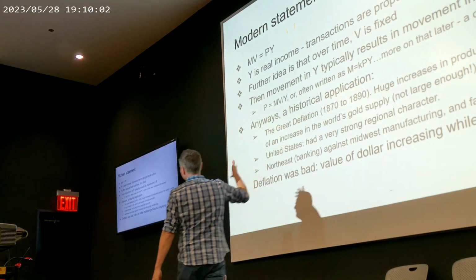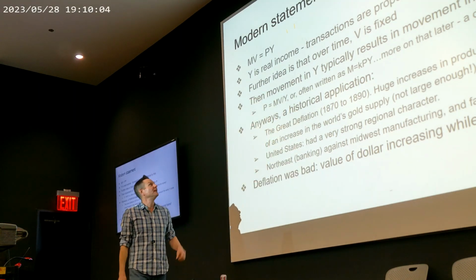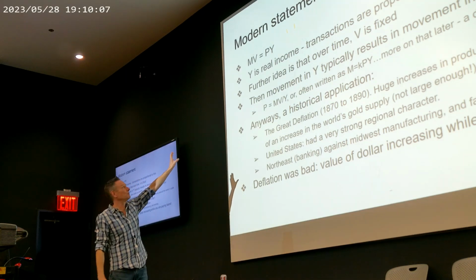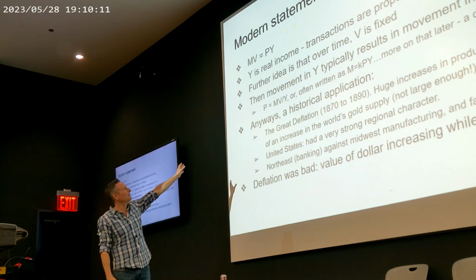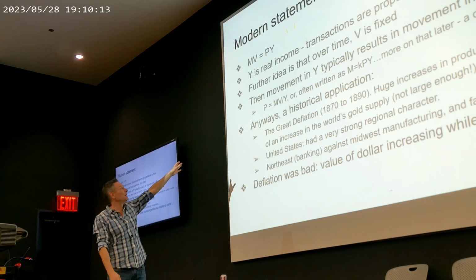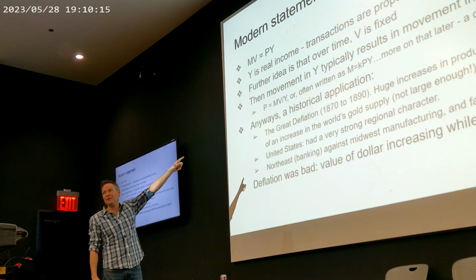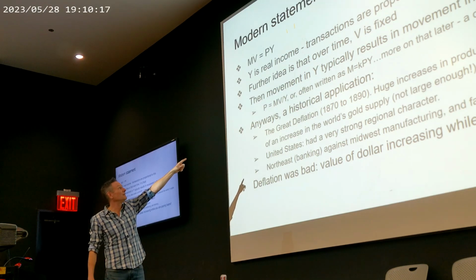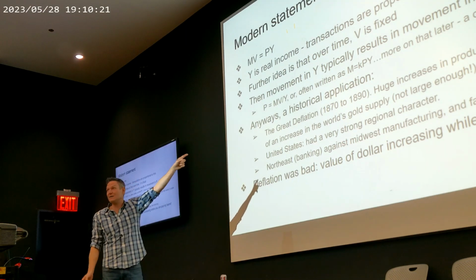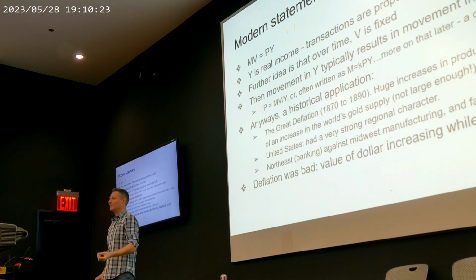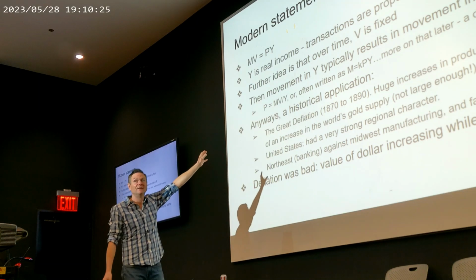So we start with that idea that V is relatively constant, and also that income is proportional to transactions. Well, then you can say the price level depends upon the amount of money we have in circulation, its velocity, and then we divide it by the level of income, at least in the way I've written it there.